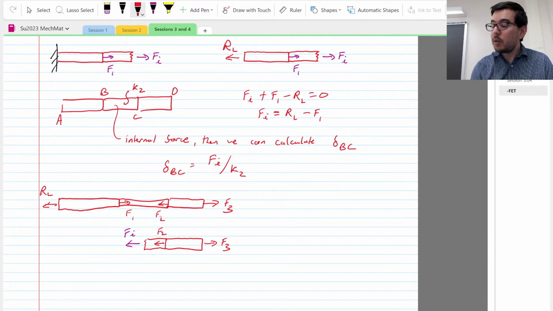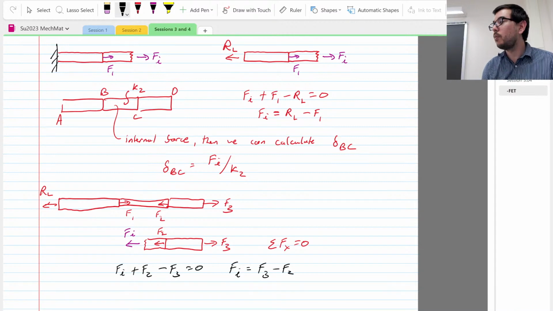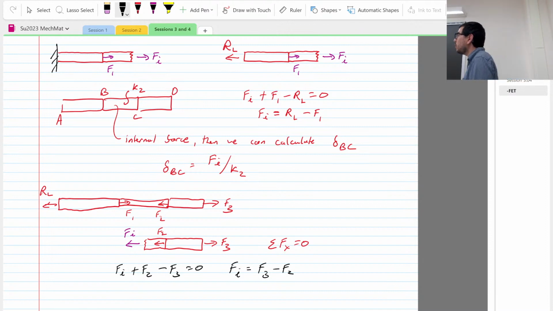So now, if I do the summation here, what we have is Fi plus F2 minus F3 is equal to 0. So Fi is equal to F3 minus F2. So I don't even have to calculate out RL.